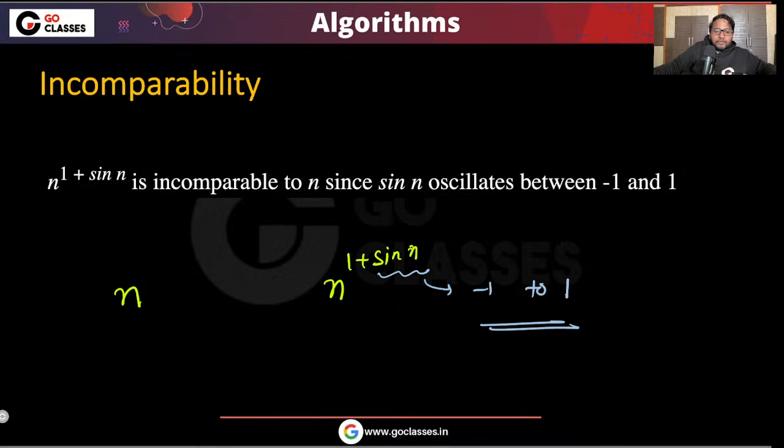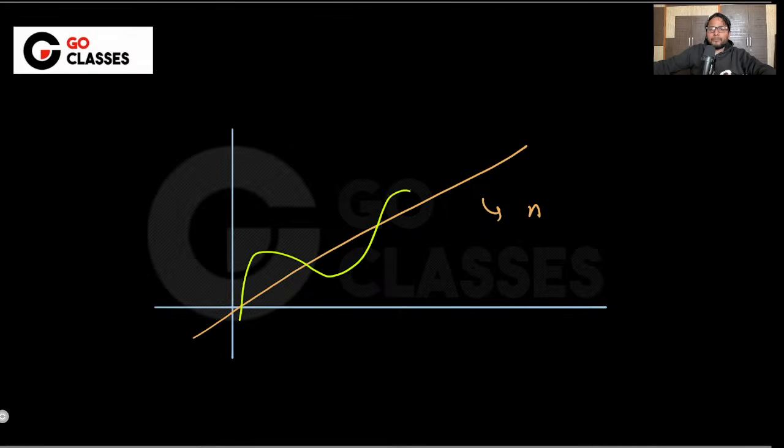Let's suppose this is n, then n is power 1 plus sin n might look like this. Maybe sometimes greater, sometimes lesser.